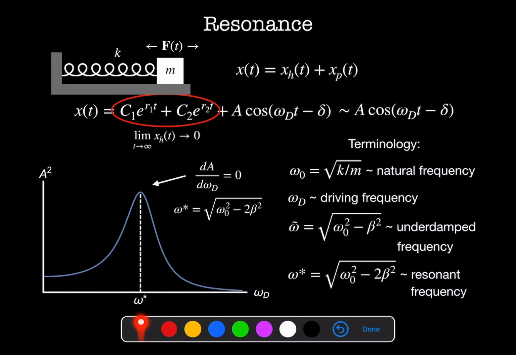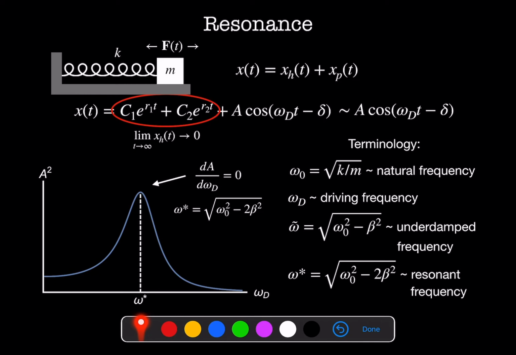So if we have a system with weak damping, it's going to oscillate, but it's not going to oscillate at the natural frequency. It's going to oscillate at a slightly lower frequency than that. And then we also have this resonant frequency, omega star. This is the frequency that, if you were to drive your oscillator at it, gets a very large response.